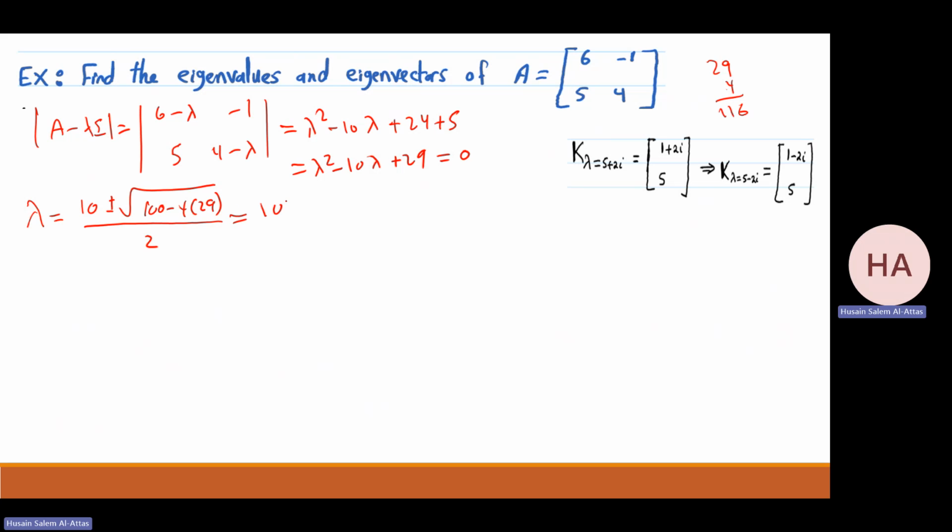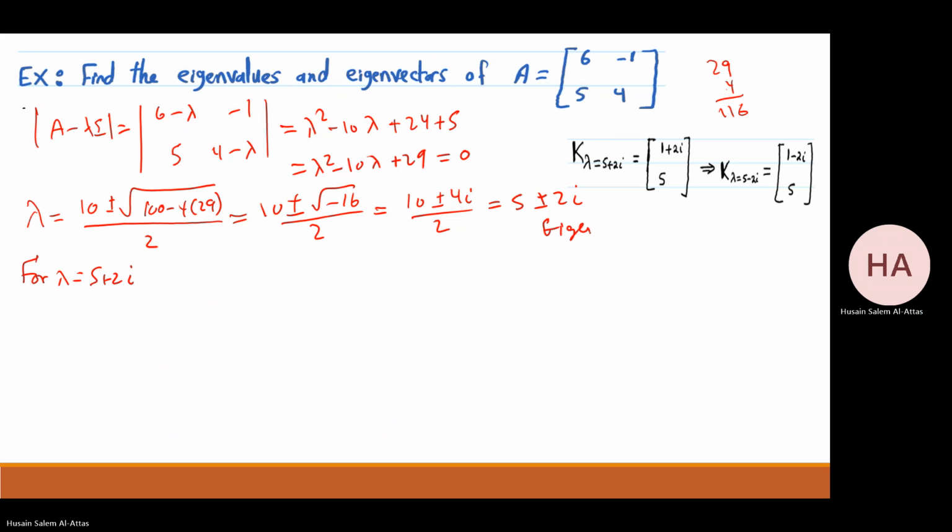That will be 10 plus or minus square root of minus 16, over 2. That will be 10 plus or minus 4i over 2. That is 5 plus or minus 2i. I'll do lambda for one of them, 5 plus 2i. These are the eigenvalues, by the way.